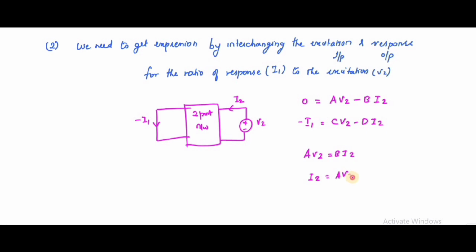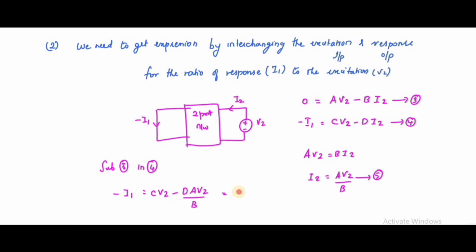Substitute this in the fourth equation. You will get minus I1 equals C V2 minus D into A V2 divided by B. Taking V2 common, we get V2 times (BC minus DA) divided by B. If I want to find V2 by I1, it is equal to B divided by AD minus BC.